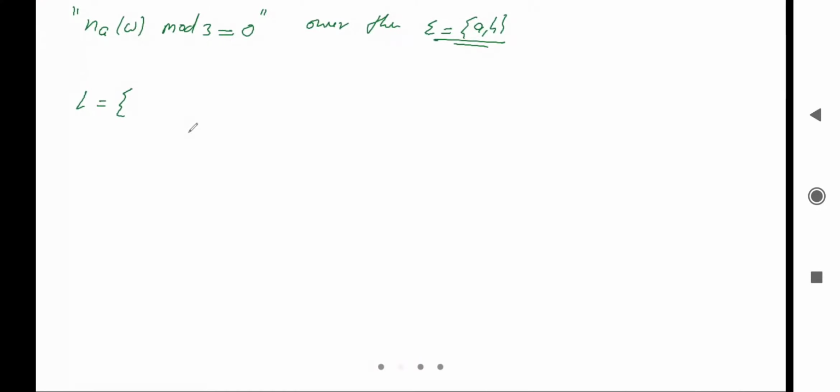Okay, let me start. Here it is number of a in w mod 3 equal to 0. So the number of a can be 0; 0 mod 3 is equal to 0.